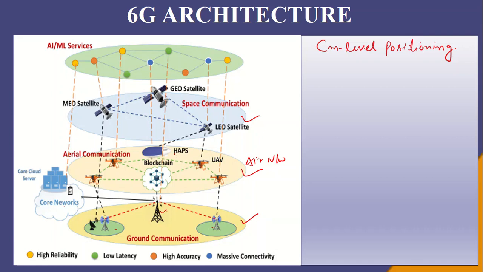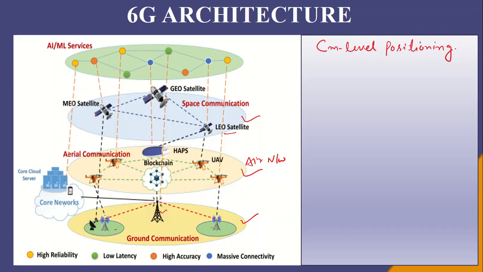With the help of this HAPS, this will connect to the satellites in the space communication, all the three satellites: GEO satellite, MEO and LEO satellite. GEO is the geostationary Earth orbit satellite, this is the medium Earth orbit satellite, and this one is a low Earth orbit satellite. The low Earth orbit satellite is close to the Earth.